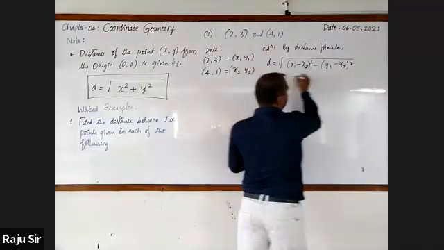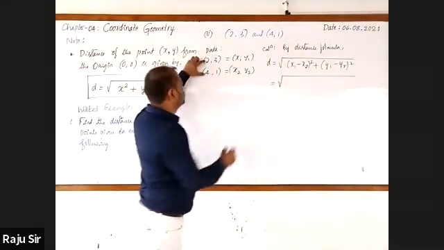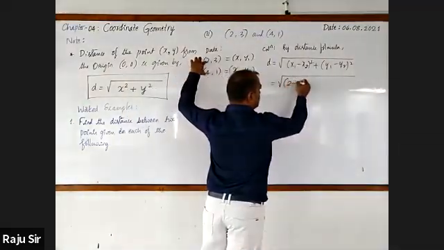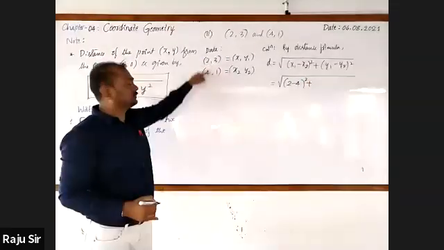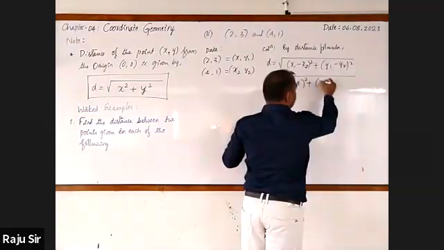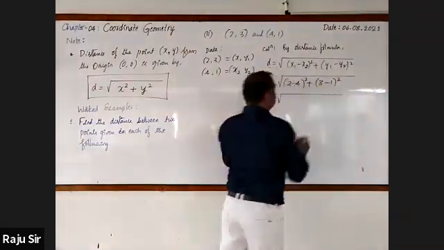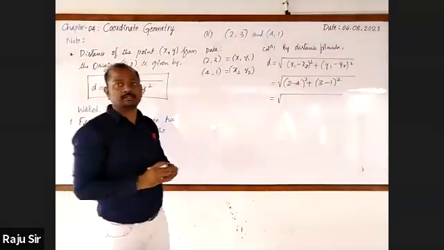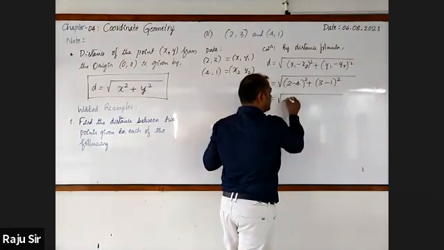Substituting: square root of (2 minus 4) whole square plus (3 minus 1) whole square, which is square root of (minus 2) whole square plus 2 whole square.